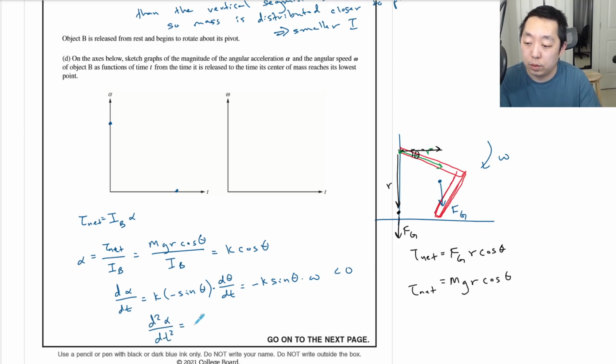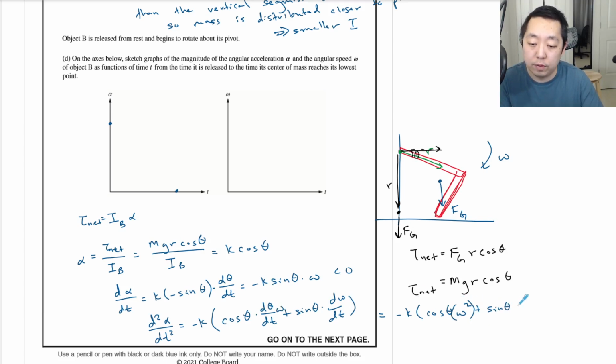But we can look at the second derivative of this. Here I'm going to have to do the product rule. So I pull out the negative k. The derivative of sine is cosine theta times d theta dt, which is omega, and it's times omega also, so it's omega squared, plus sine theta times the derivative of omega, d omega dt, that's sine theta times alpha.